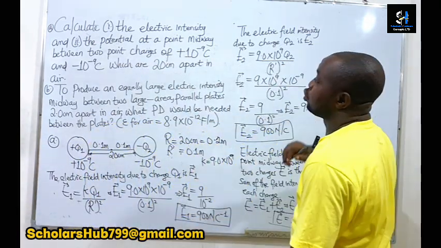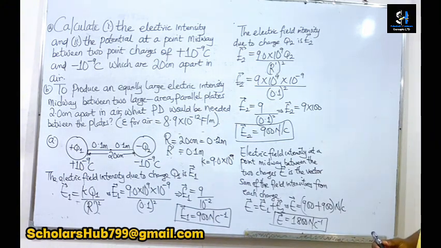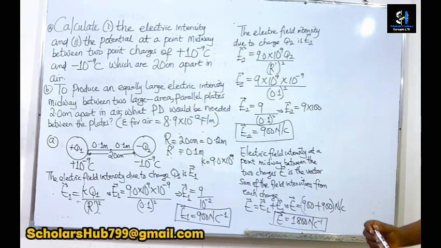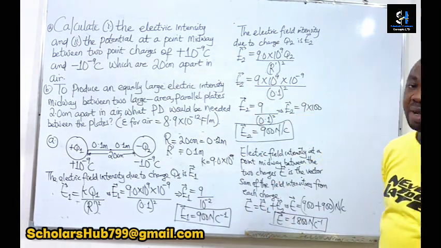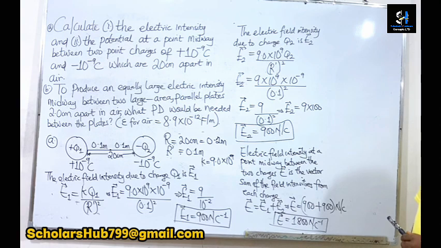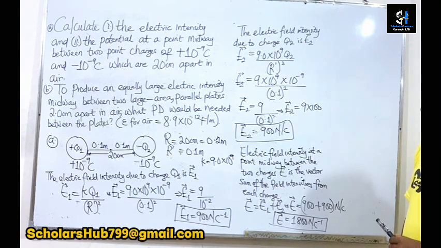Then also Roman numeral 2, calculate the potential at a point midway between 2 point charges of magnitude positive 10 raised to the power of minus 9 coulombs and negative 10 raised to the power of minus 9 coulombs. Okay, midway.